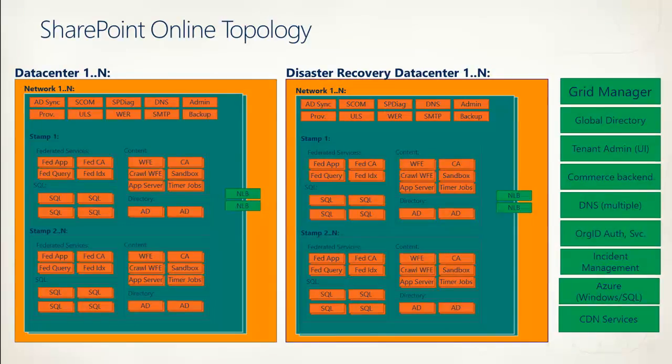We provision databases in SQL Azure, we decommission them, we connect to them, we reconnect to them. We do that in the back and behind the scenes all the time in order to allow for richer solutions to be built. And last but not least, we have CDN capabilities. So SharePoint Online today knows how to push static content out to CDNs.